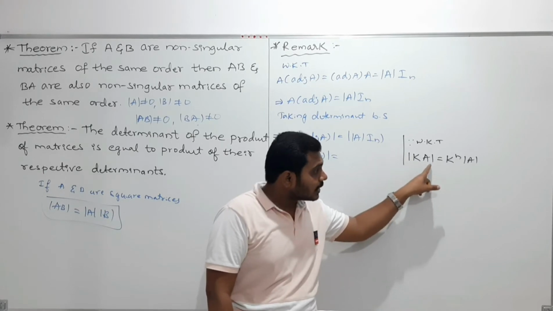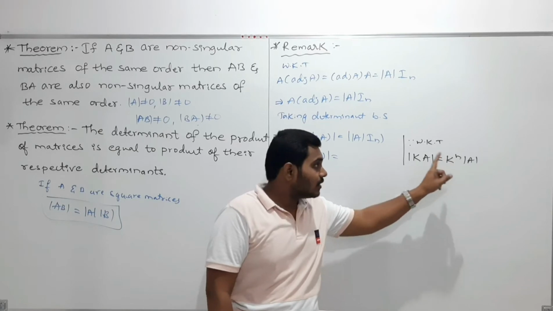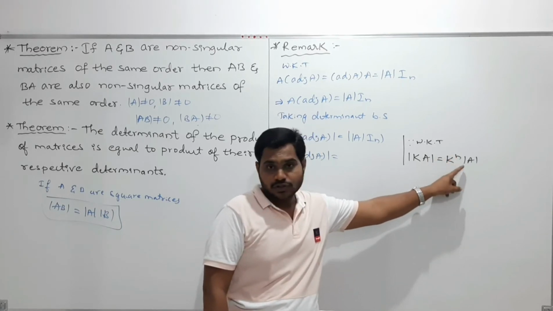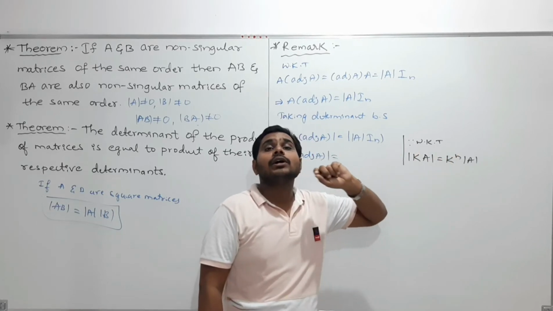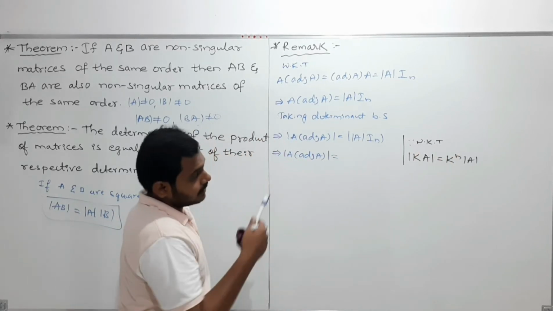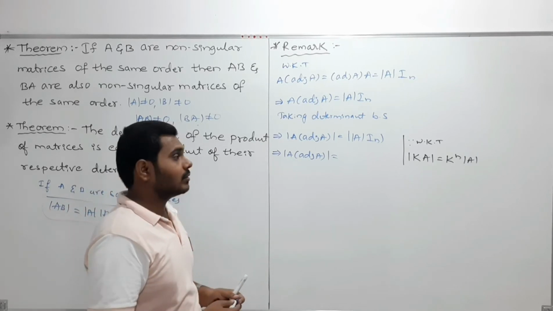Where n is the order of the given matrix A, so that order is clear.